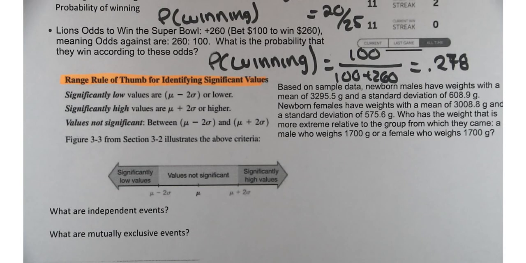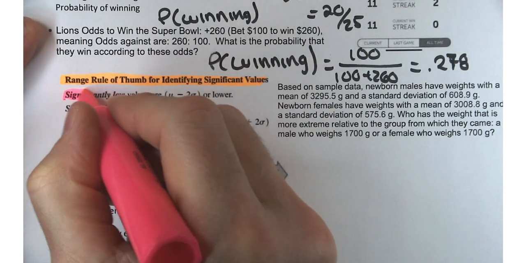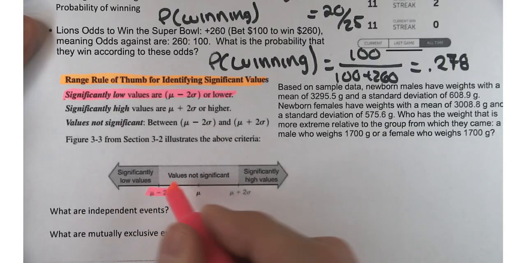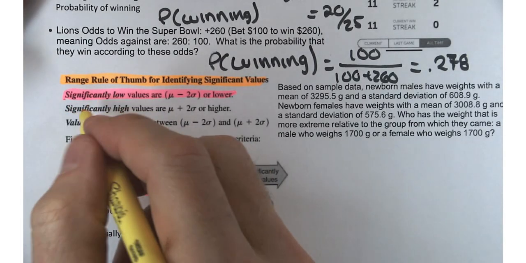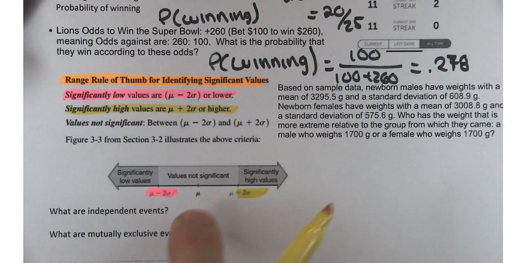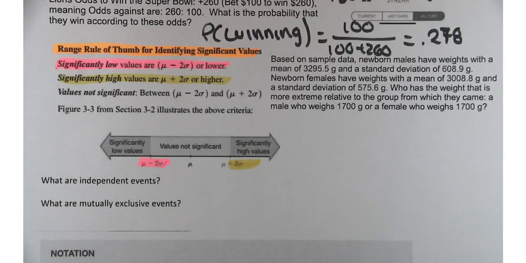Significantly low values start at 2 standard deviations below the mean. Then you have significantly high values, which start at 2 standard deviations above the mean. And stuff in between is just not significant. So we'll keep those in mind as well.